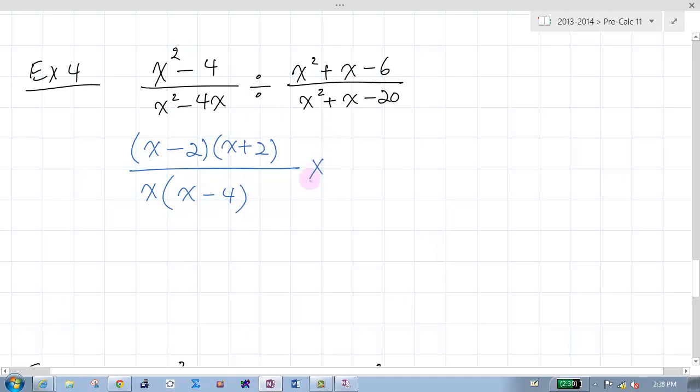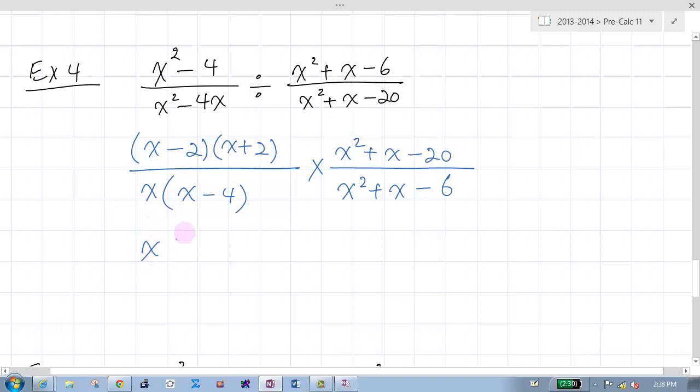I'm going to make this a multiply, and I'm going to flip the second fraction, just like what we do with fractions. X squared plus x minus 20, denominator becomes x squared plus x minus 6.